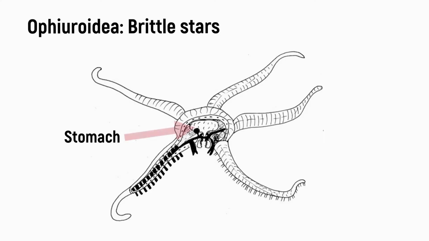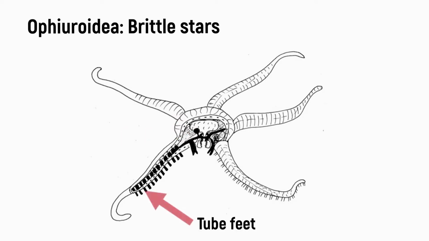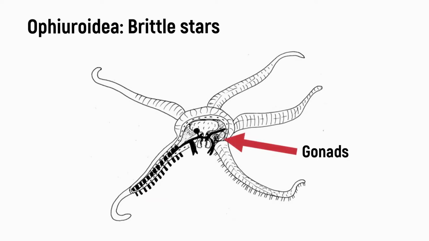The brittle stars are the closest relatives of the sea stars and, like them, are characterized by a secondary 5-rayed symmetry. The central disc is small, and the arms are clearly separated from it. Brittle stars have neither a rectum nor an anus.